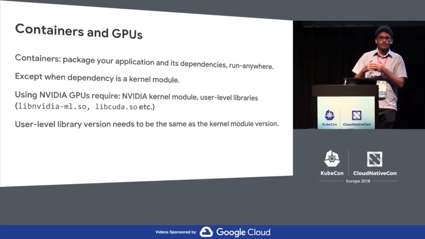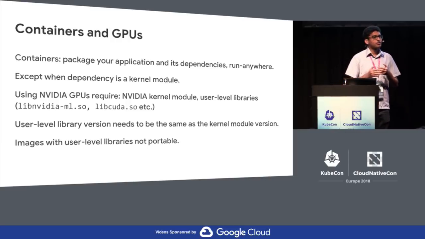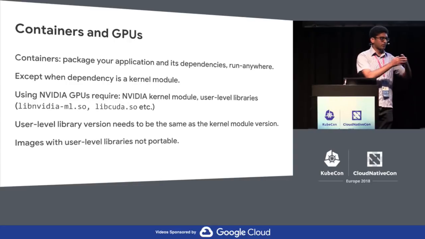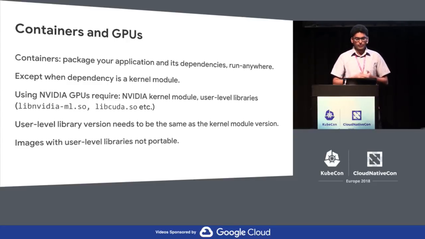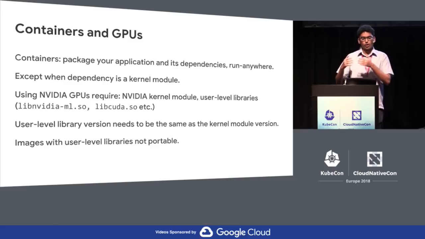So if you package these libraries in your container image, then your container image is no longer portable, because it depends on the version of the kernel module on the host. So if you package it for a particular version, it will only run on hosts which have the kernel module of that version, right? So this is not good. You don't want to make your container images non-portable, because that defeats one of the main advantages of containers.